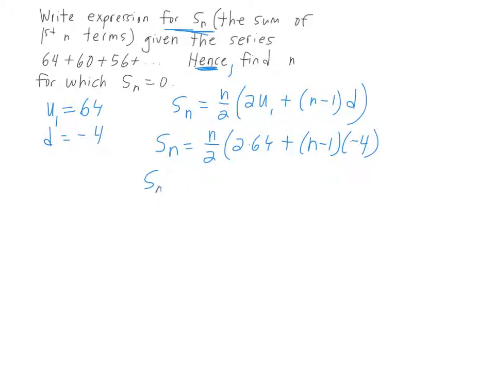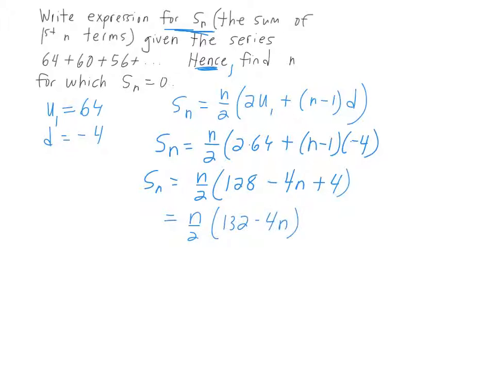So let's continue to clean this up here. We're going to have 128. If I distribute my negative 4, I have a minus 4n plus a 4. From there, I'm going to have 132 minus a 4n. So this right here is an expression for s sub n.